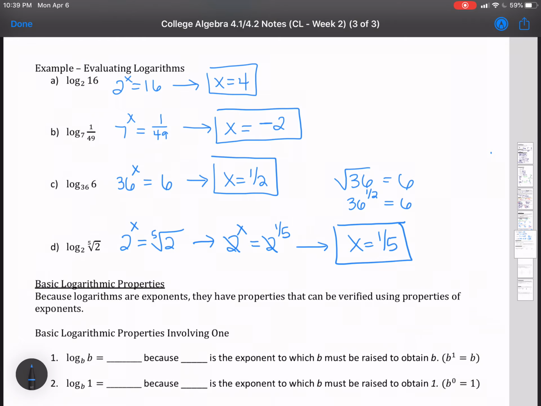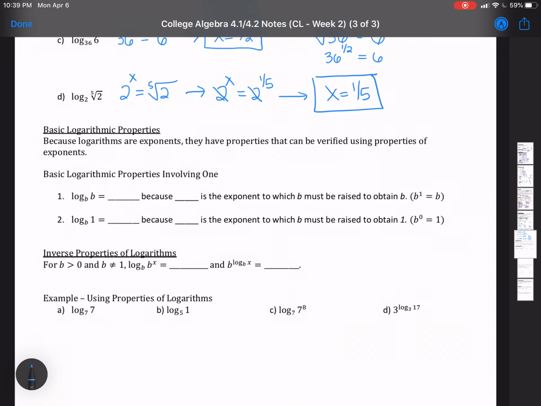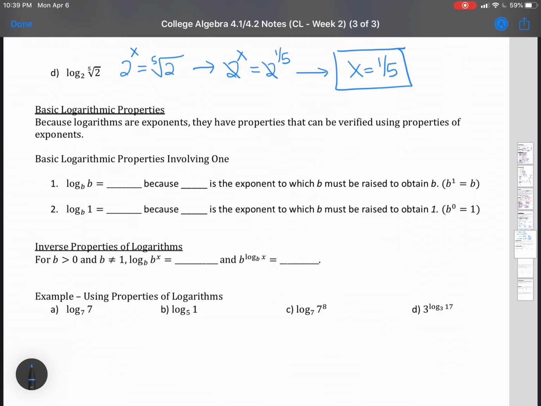Alright, so with logarithms, we also have a few properties. We're going to talk about the first 3 today. So first we have our basic logarithmic properties involving 1.